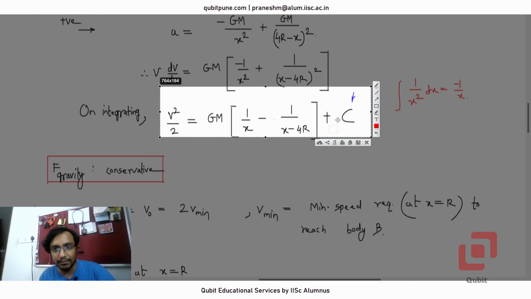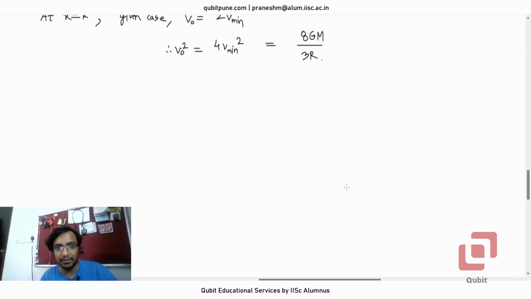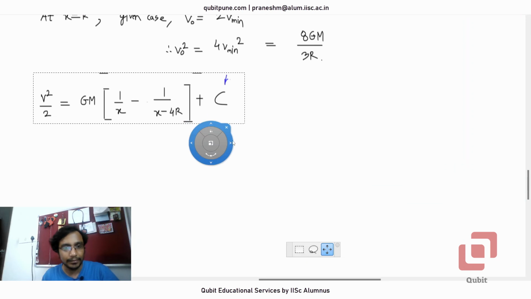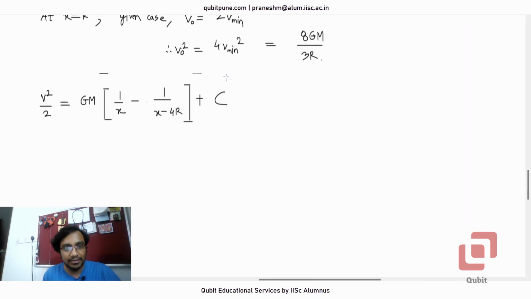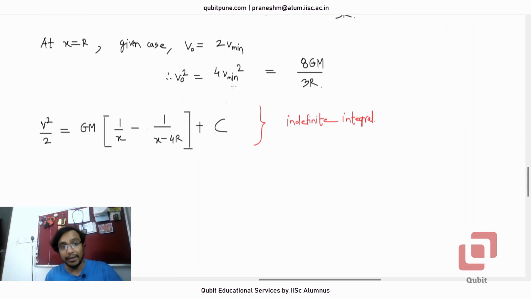After all, this whole exercise is to determine the value of the arbitrary constant C, which will take us to the answer. So this is our indefinite integral's answer. Now we are going to substitute x as r here and v squared as 8GM upon 3r.